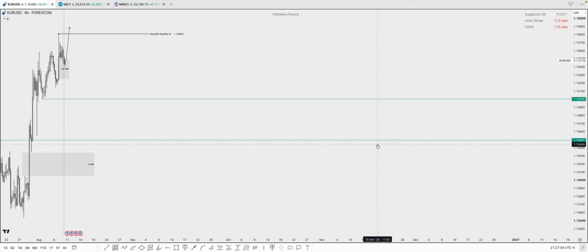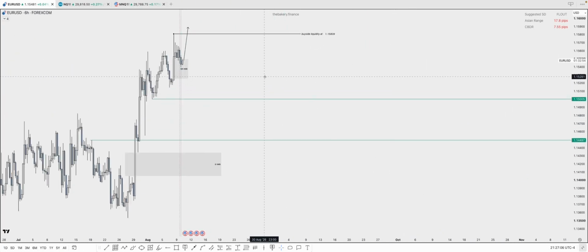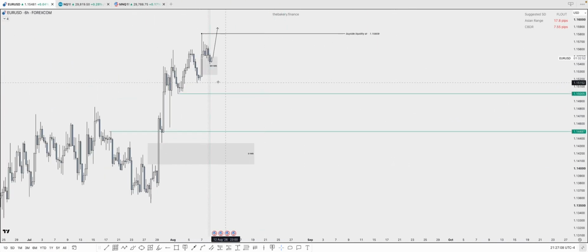Or if we should have a closure of the 6 hours imbalance, I want to see price simply tag the previous weekly low and take out this liquidity, and a final run into the daily imbalance. A full closure of the weekly imbalance will be what I'm expecting.